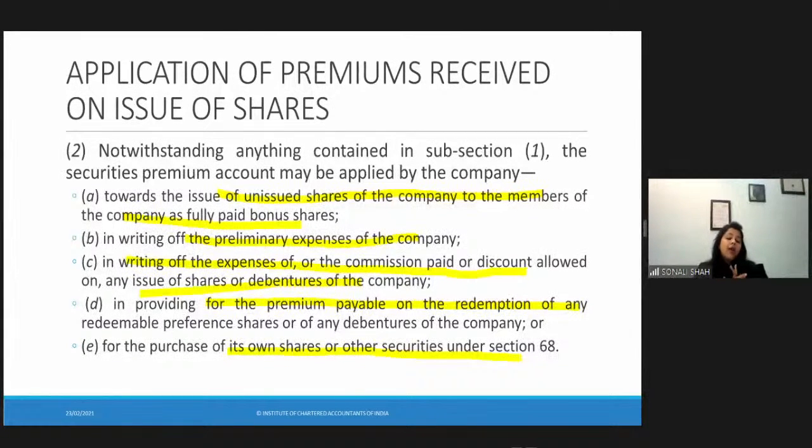So we spoke that when the preference shares are redeemed, they are allowed to be paid at a premium. That premium amount can be paid from the securities premium account, or it can be used for the buyback of the shares under section 68. So these are the areas where the amount parked in the securities premium account can be utilized.